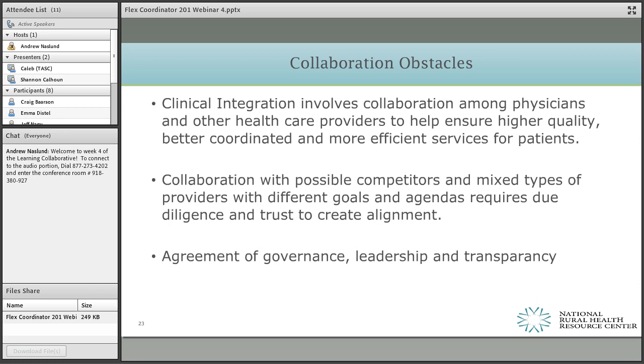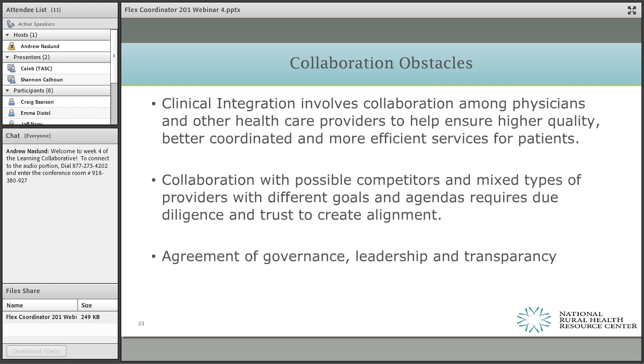And we saw this even in the implementation, again, of the ACOs, where rural providers at first thought, well, I don't have all the information, I don't have enough patients, so maybe they're going to want to take away my patients. And having the ability to understand the participation agreement, the intention, how the data is shared, how they act upon the data, and the outcome, and transparency really reduce the collaboration obstacle of participating in a collaborative ACO.